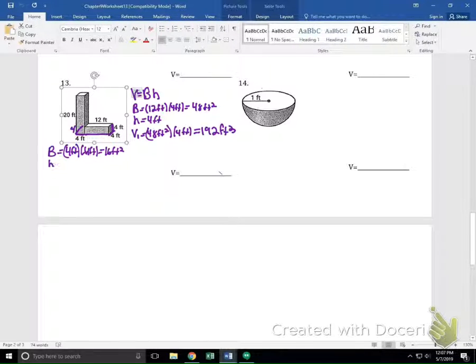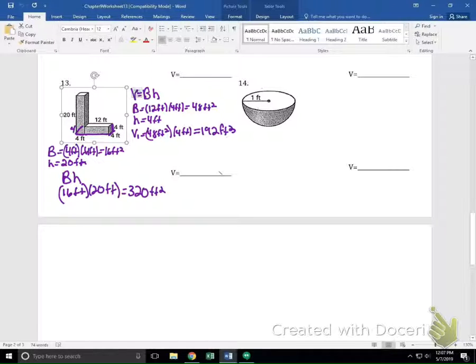What's your height? 20. Yep. So now we do the same thing here. 20 feet. So you have to do your B times H, which is 16 feet times 20 feet. What is 16 times 20? 320 feet squared.